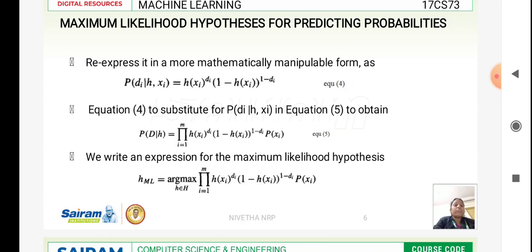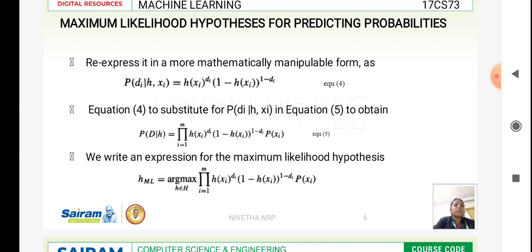So the probability of di given h, xi will be h of xi. You can rewrite the equation as follows: h of xi to the power di, multiplied by 1 minus h of xi, the whole power 1 minus di. Now we are going to substitute the above equation with the derived output.